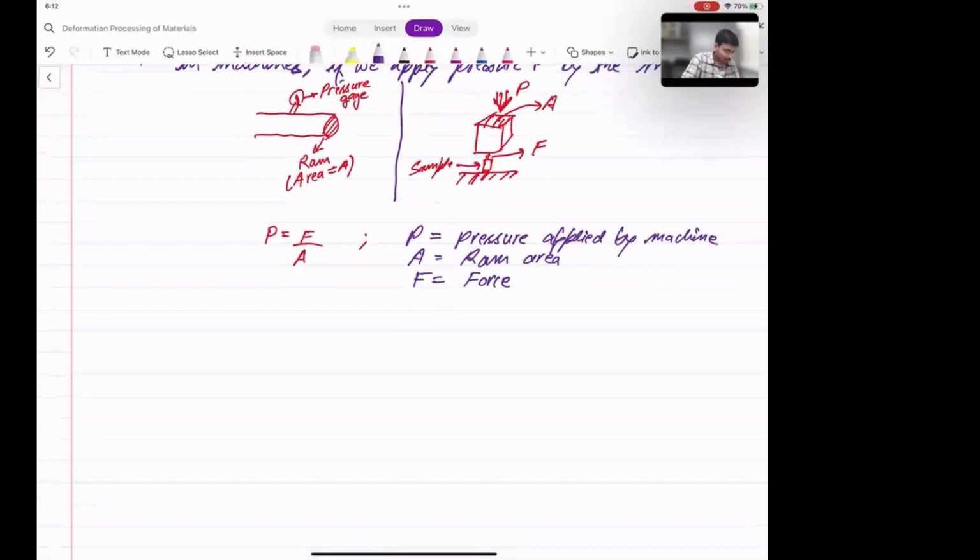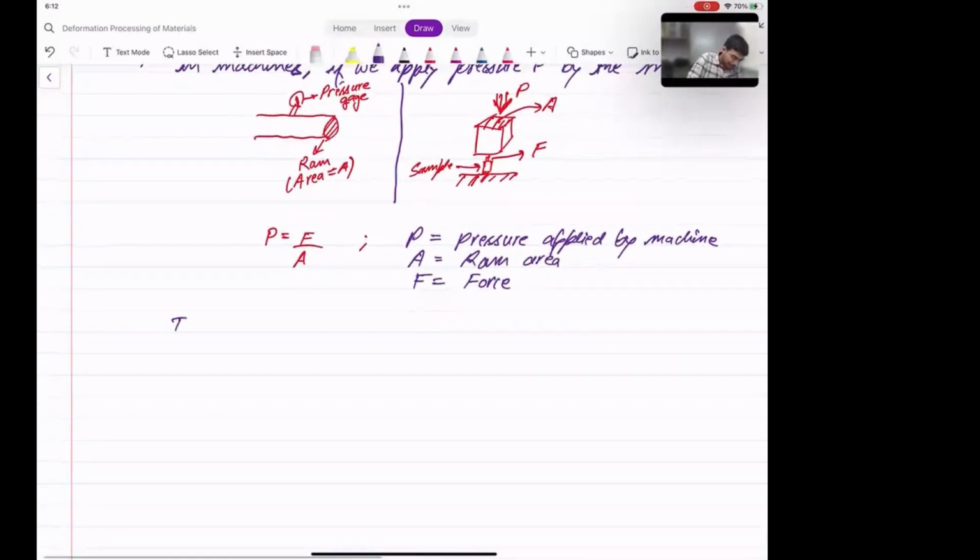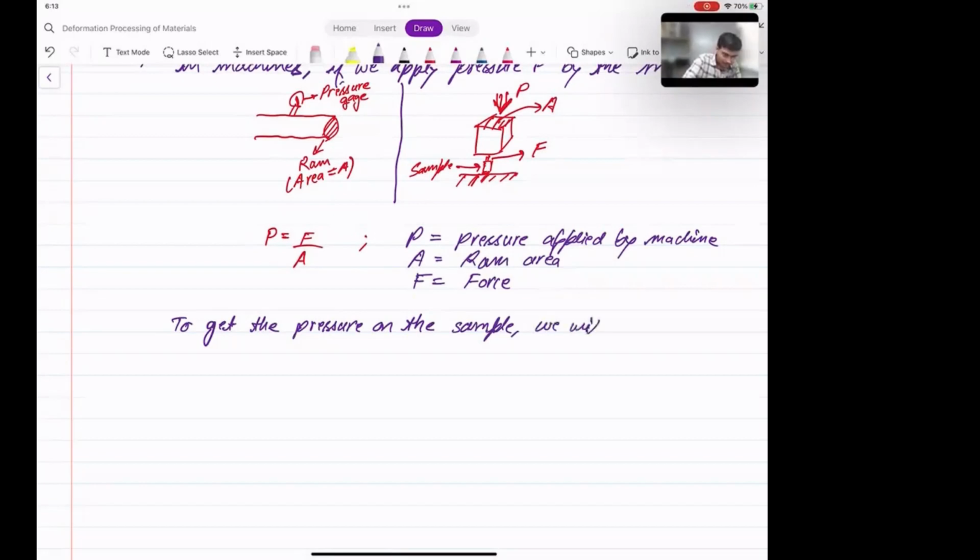Now, to get the pressure on the sample, what we will have to do is convert the machine pressure to force.